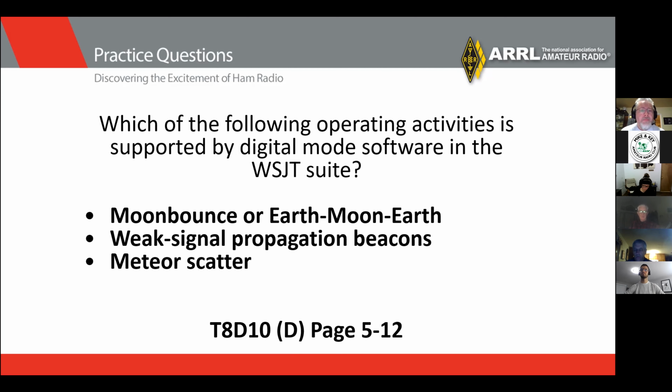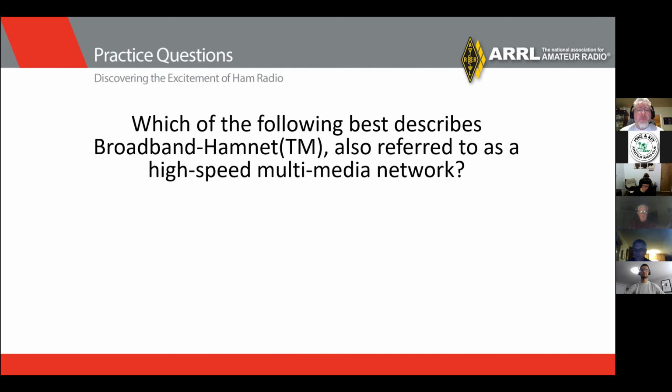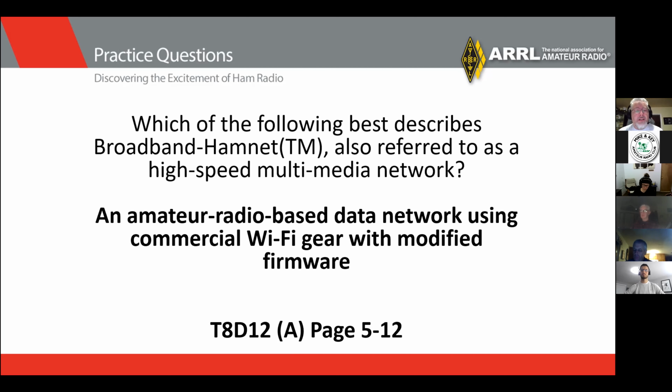Okay, thanks. Which of the following best describes broadband HamNet, also referred to as high-speed multimedia network? It is an amateur radio-based data network using commercial Wi-Fi gear with modified firmware.